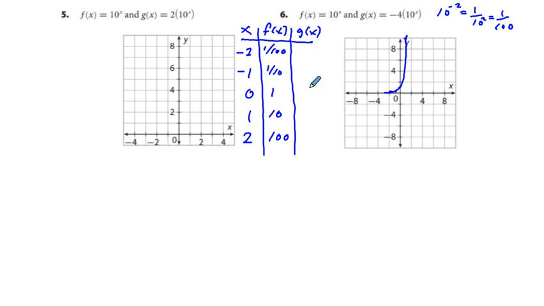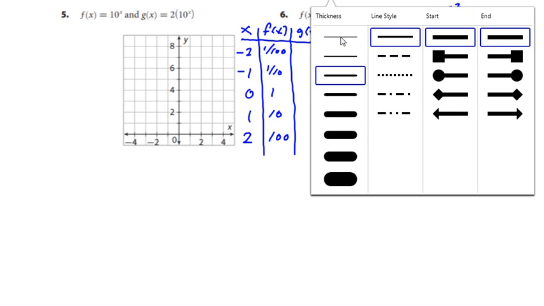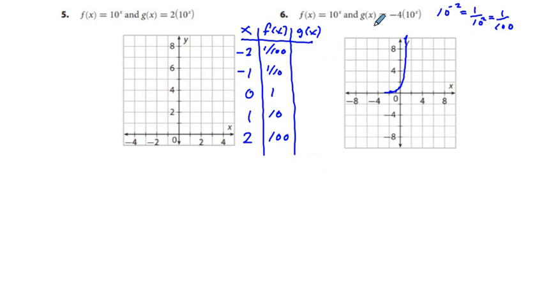All right, and next we're going to have g of x equals -4 times 10 to the power of x. So what we have is we can take each of these input values and multiply them by -4.